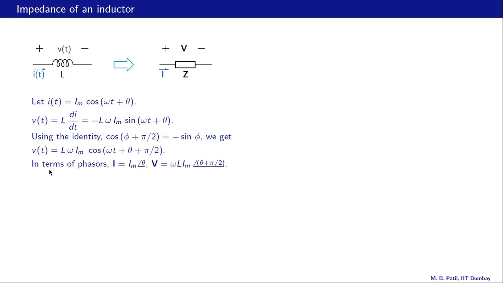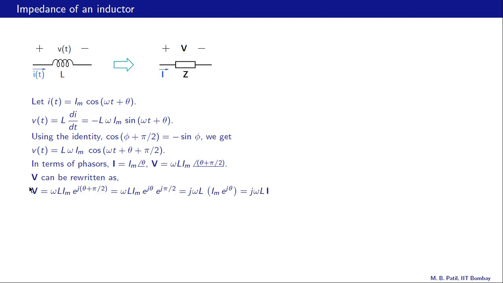Now in terms of phasors, we have I equal to Im angle theta, where Im is the magnitude and theta is the angle, and V equal to omega L Im, which is the magnitude, angle theta plus pi by 2, that is the angle.